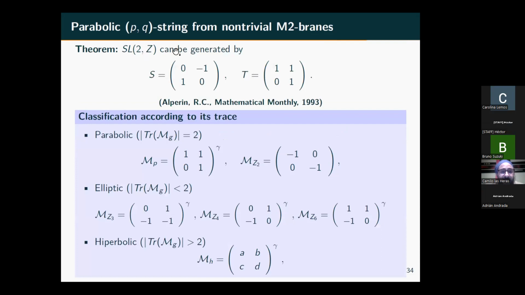And in fact, we found that SL(2,Z), well, we know that it's generated by these two matrices, we will restrict ourselves to the parabolic subgroup in this presentation. And in particular, this parabolic matrix contains only trivial information. So we will restrict ourselves to these kinds of matrices that we have here, or the ones that are generated by this matrix that we have here.